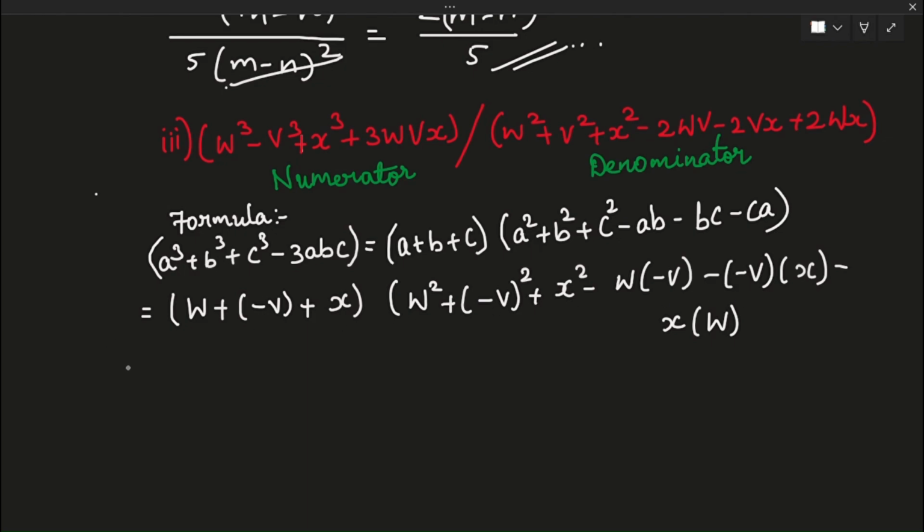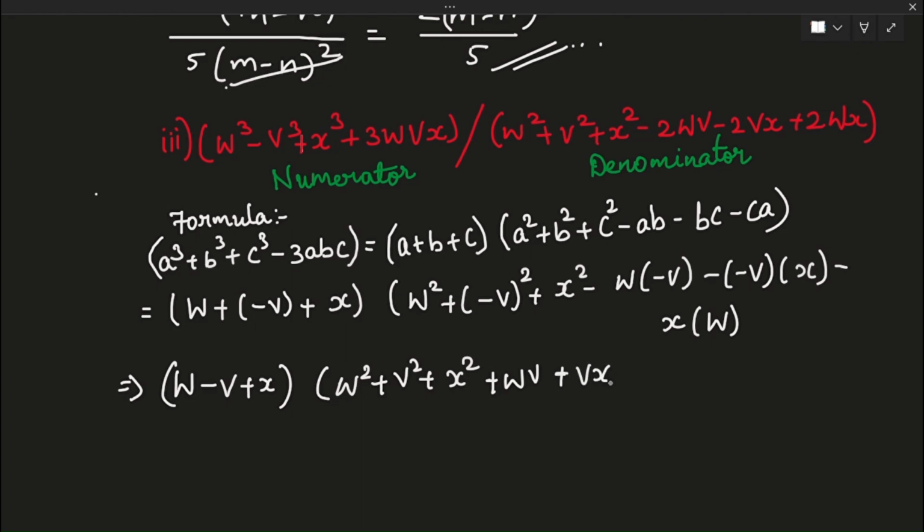Okay, so now we'll simplify this. So w, plus into minus will come minus, b plus x. Okay, and then if we simplify this, what will be the answer? So w square plus v square plus x square, then minus into minus will become plus wv, again minus into minus will become plus vx, then minus xw.